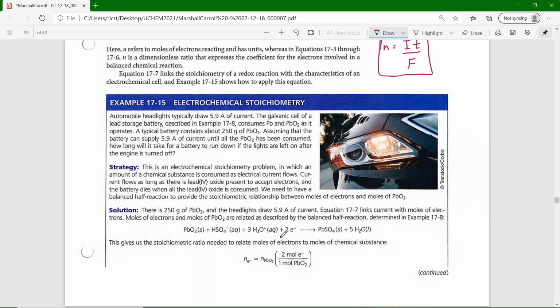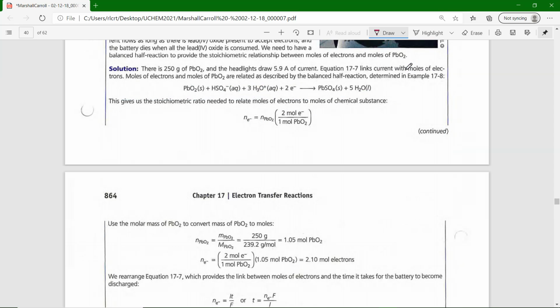Okay, so jumping to page 864. The number of moles of lead oxide would be 1.05, so I need twice as much, 2.1 moles of electrons. And once I have 2.1 moles of electrons, I know the current drawn, I know Faraday's constant, I can solve for the time needed to make that happen.